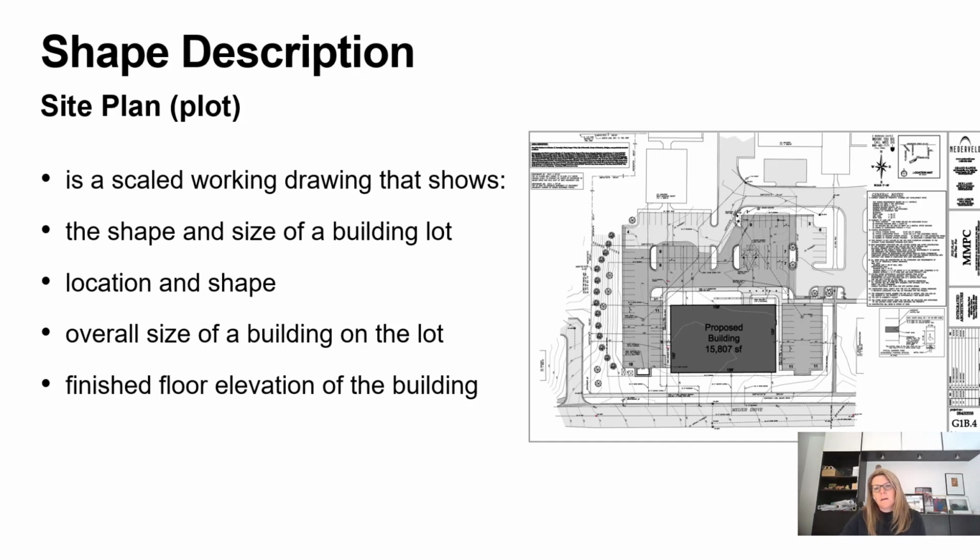So here you see a site plan over to the right. It is a scaled working drawing. Generally, it will be at an engineering scale because you're showing the entire lot for the building. So it's going to show the size and shape of the building lot. It's going to show the location and shape of the building, the overall size of the building, where it is located off from the lot.